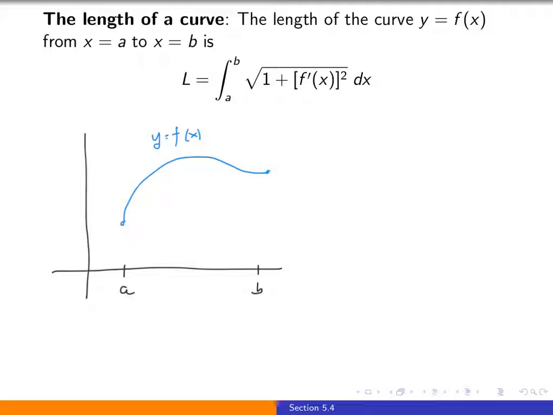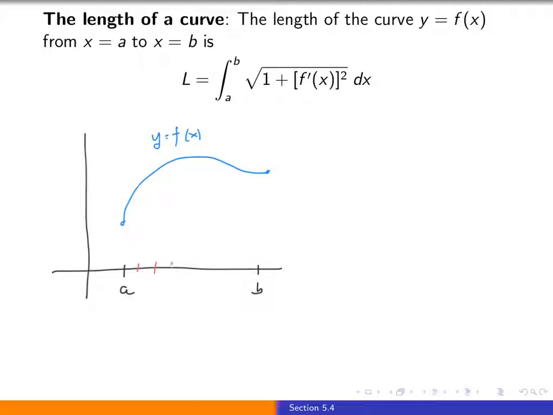That would be the length of the curve. Now I've indicated exactly what the formula is for the length of this curve. It's a definite integral from a to b of the square root of 1 plus f prime x quantity squared. And just to give you a small bit of intuition as to where something like this would come from, we do what we've done in the past. We say, well, if we want to determine the length of this, what we're going to do is approximate it.